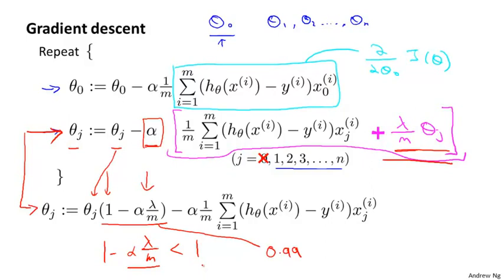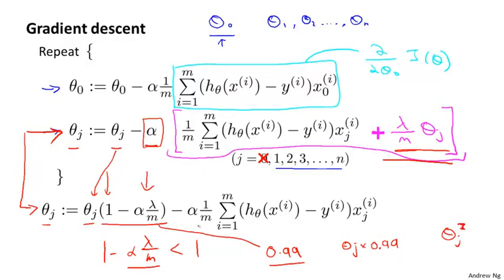And so the effect of our update to theta j is that theta j gets replaced by theta j times 0.99. So theta j times 0.99 has the effect of shrinking theta j a little bit towards 0. This makes theta j a bit smaller, or more formally, this makes the squared norm of theta j a little bit smaller.